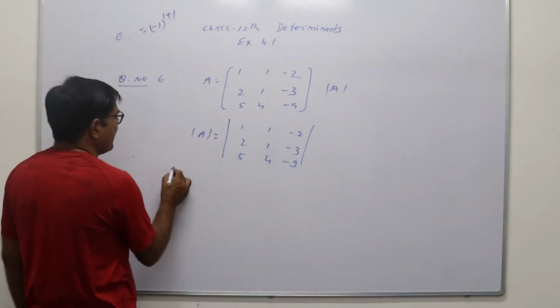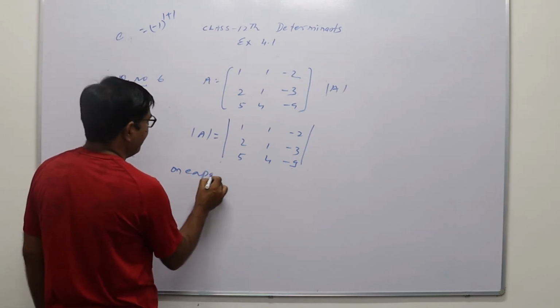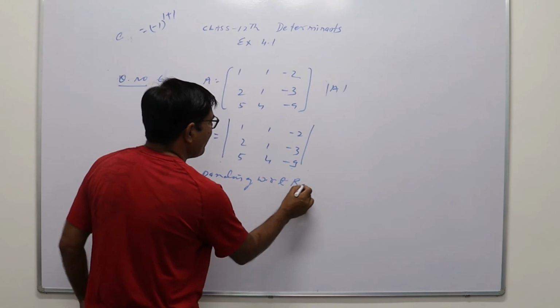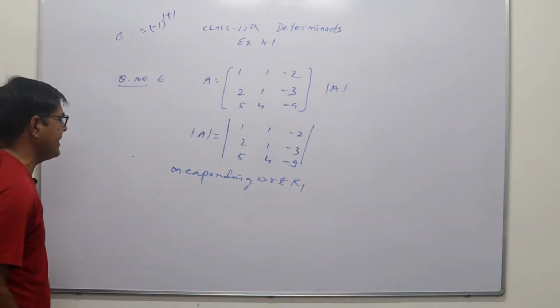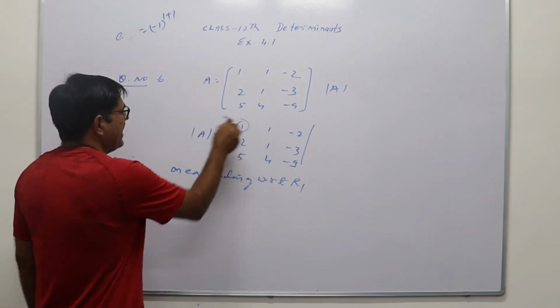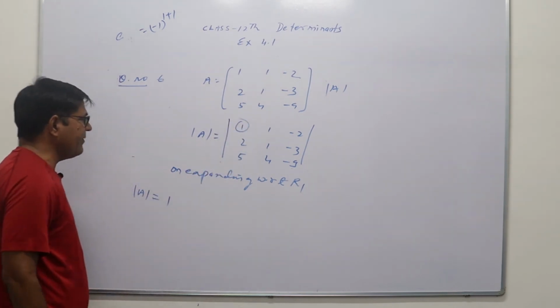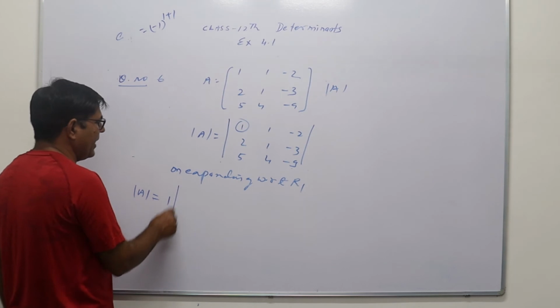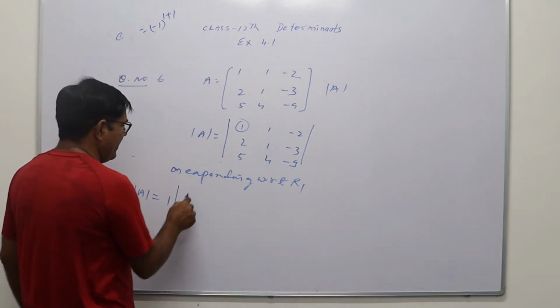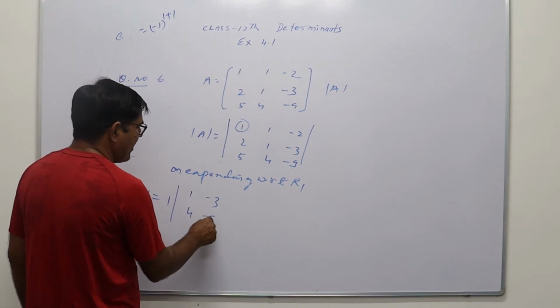Now on expanding with respect to the first row, we will expand with respect to the first row. So determinant A will be: first element is 1, its position is even, so it is plus 1 into the determinant of leaving the first row and first column. So 1 -3, 4 -9.